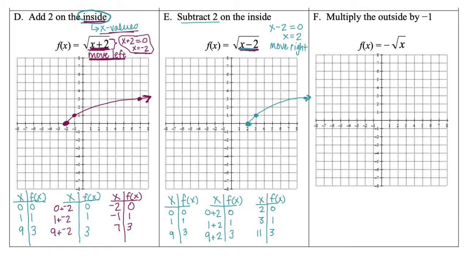Now with the -1 on the outside, notice that says to multiply on the outside by -1. So let's see which of the two coordinates that changes. So we have x and f of x. And again, we have our coordinates.